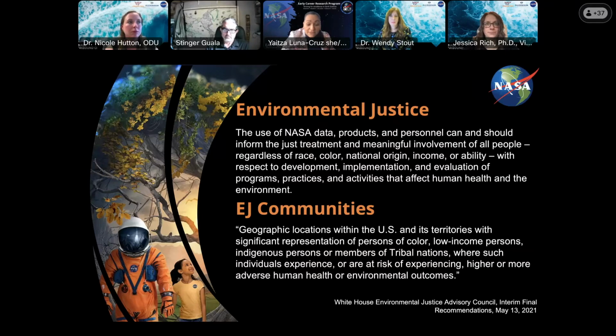It's also important to mention that while these definitions are currently focused on the United States and its territories, we recognize that climate change disproportionately influences environmental exposure and vulnerabilities of marginalized communities, referred to as climate justice. And some of the research that we do at the Earth Science Division also has global implications.